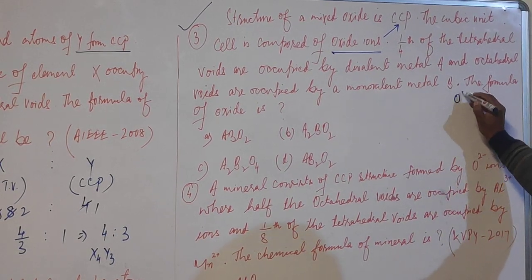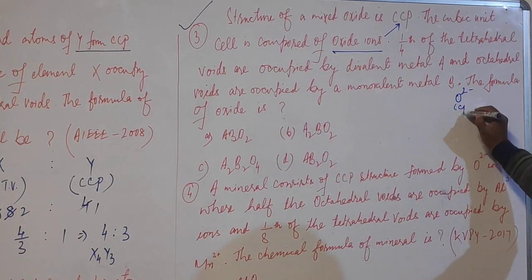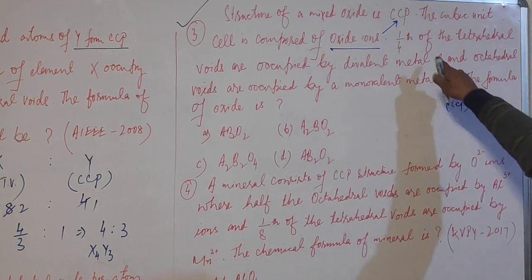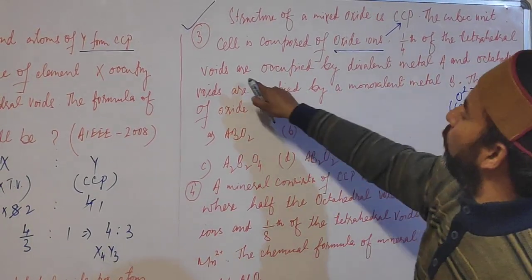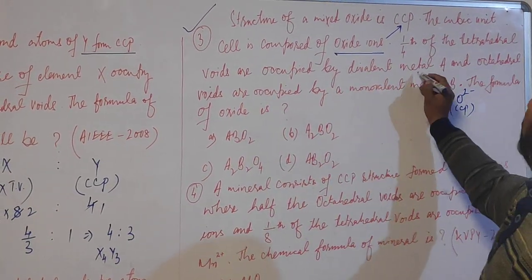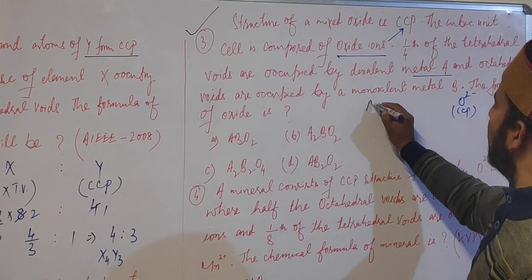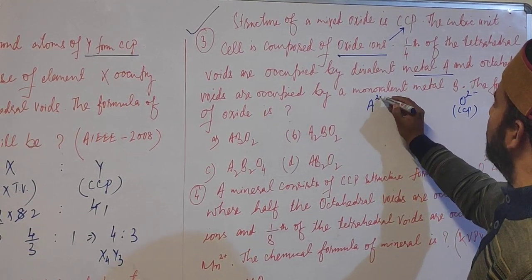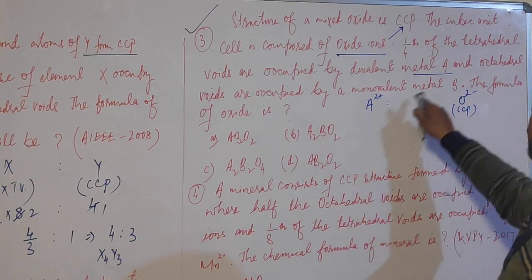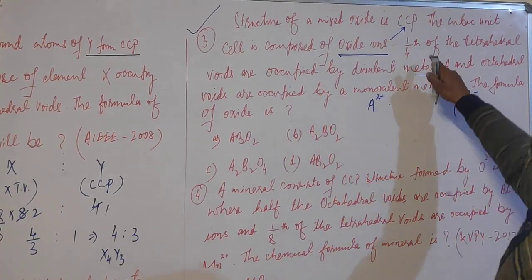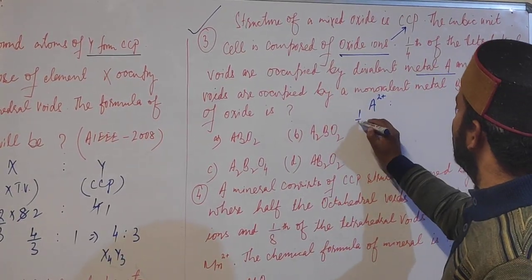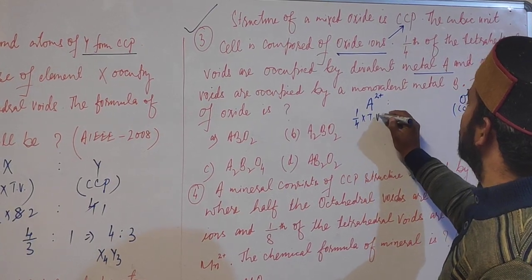So oxide ions are in CCP lattice. 1/4 of the tetrahedral voids are occupied by divalent metal A. So we have a divalent metal A, which means A2 positive ions, and they are occupying 1/4 of what? Tetrahedral voids.